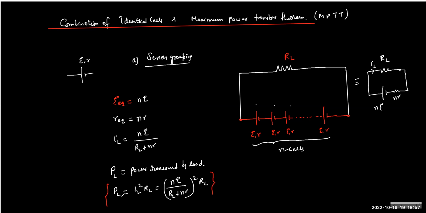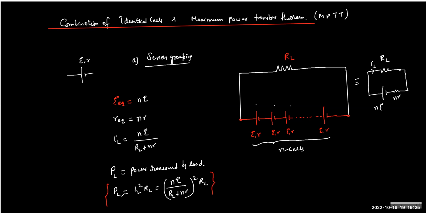Now, if I make RL tend to infinity, what will happen? Will the power tend to infinity? No. The power will be 0, because the RL in the denominator is squared, RL square.